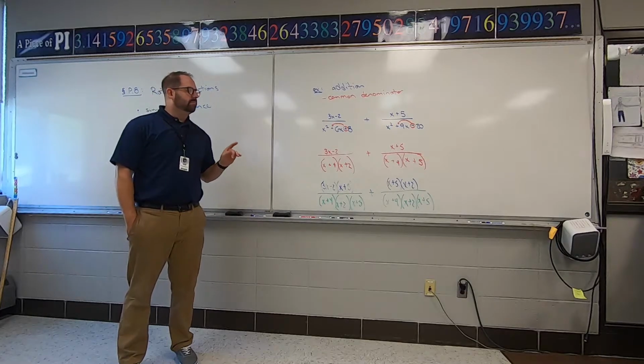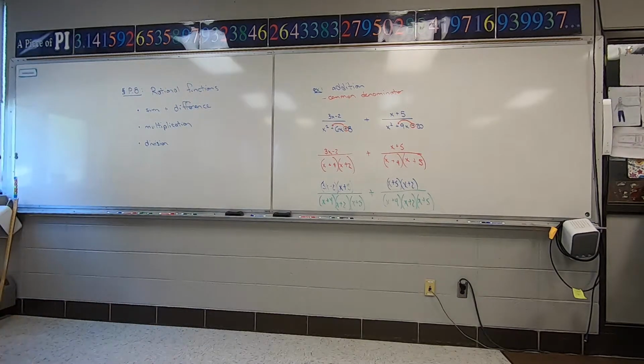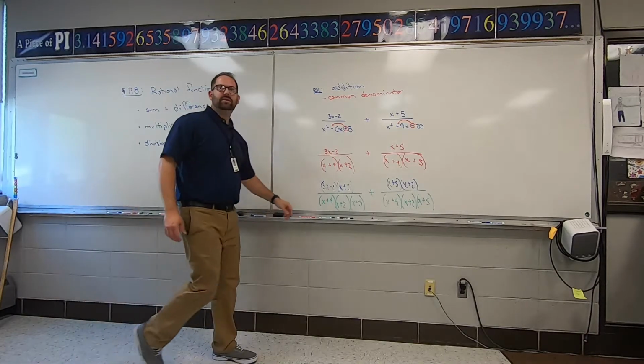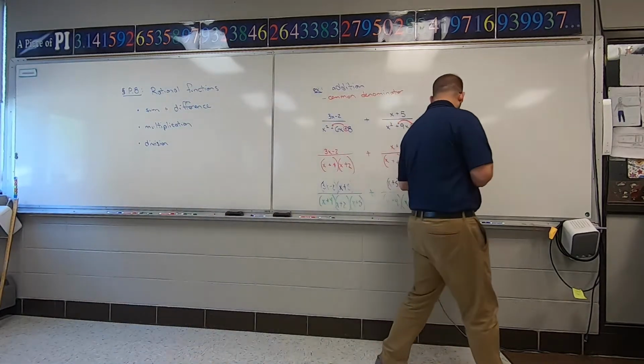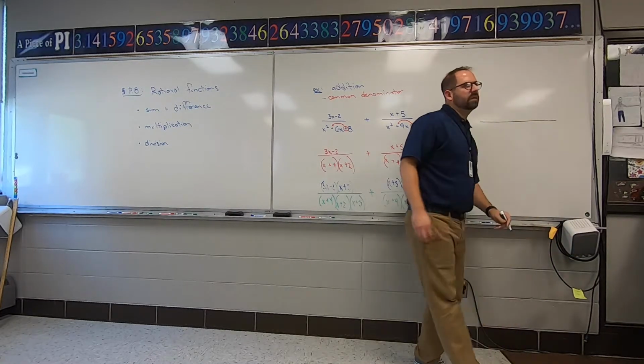Now, the bottom, when you add fractions, what happens to the denominators on fractions when you add? Anyone know the rule? What happens when you add the two fractions together and they have the same denominator?